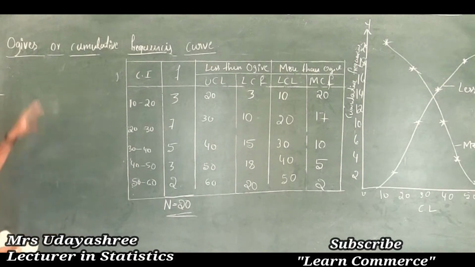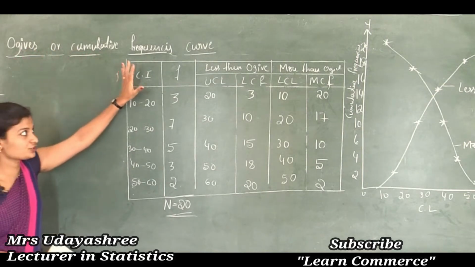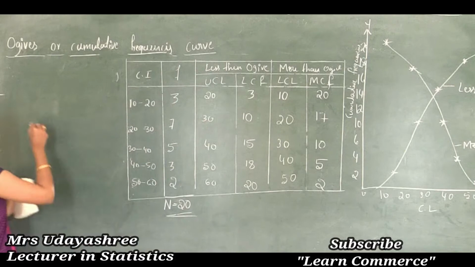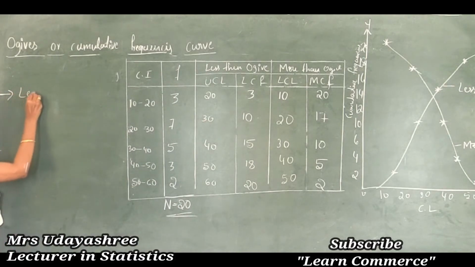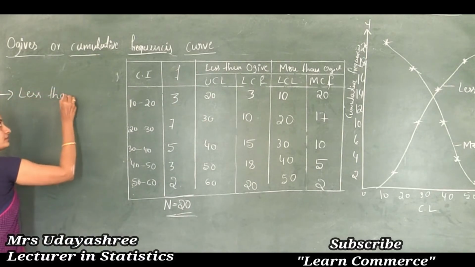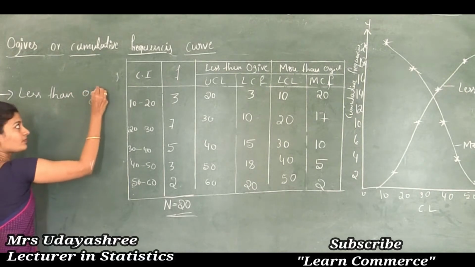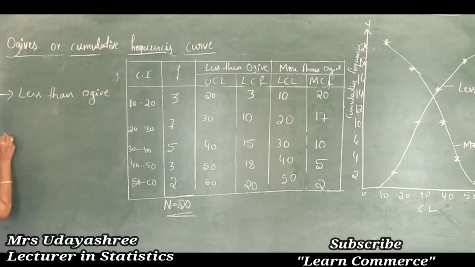In ogives or cumulative frequency curves, there are two types. One is less than ogive. Another one is more than ogive.